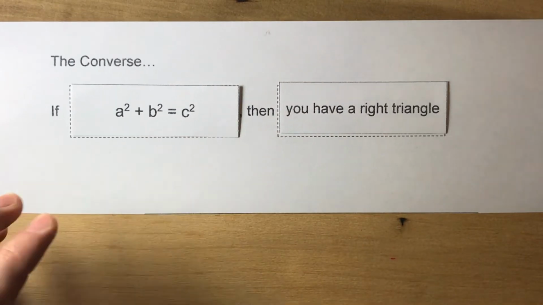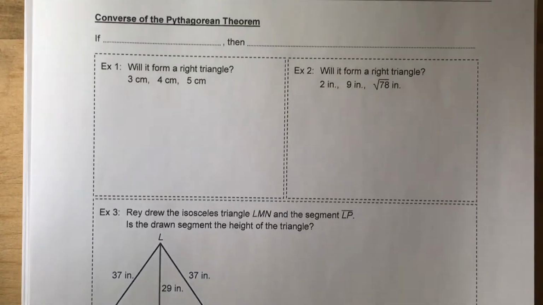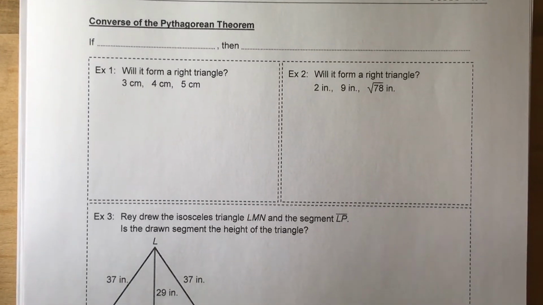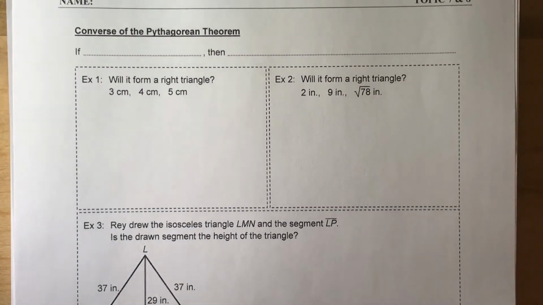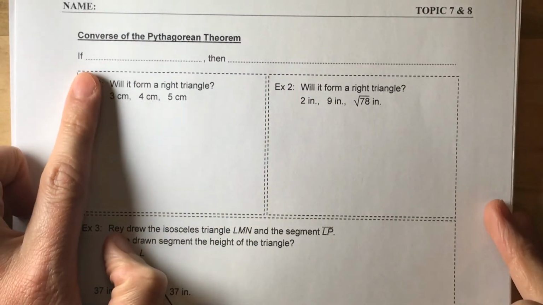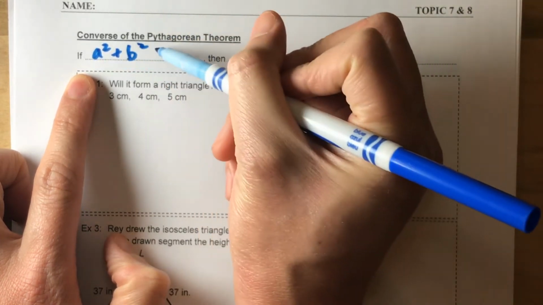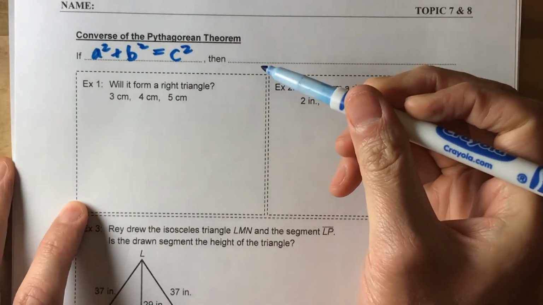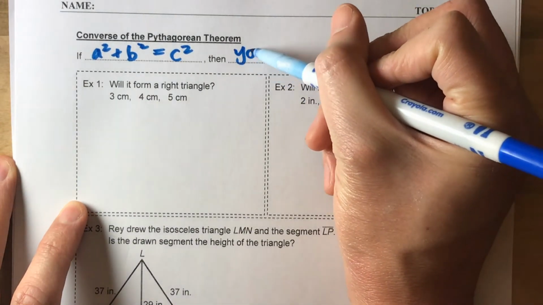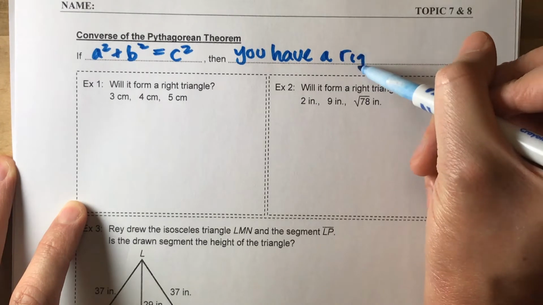All right? So now let's take out our notes. We're going to be on the top of page 3, where it says the converse of the Pythagorean theorem. The converse of the Pythagorean theorem is if a squared plus b squared equals c squared, then you have a right triangle.